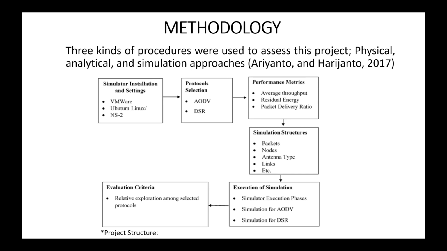In our project structure, we set up the simulation, for which we use VMware with Linux, NS2. In protocol selection, as I said earlier, we use AODV and DSR. The performance metrics we use in measuring are average throughput, residual energy, and packet delivery ratio.